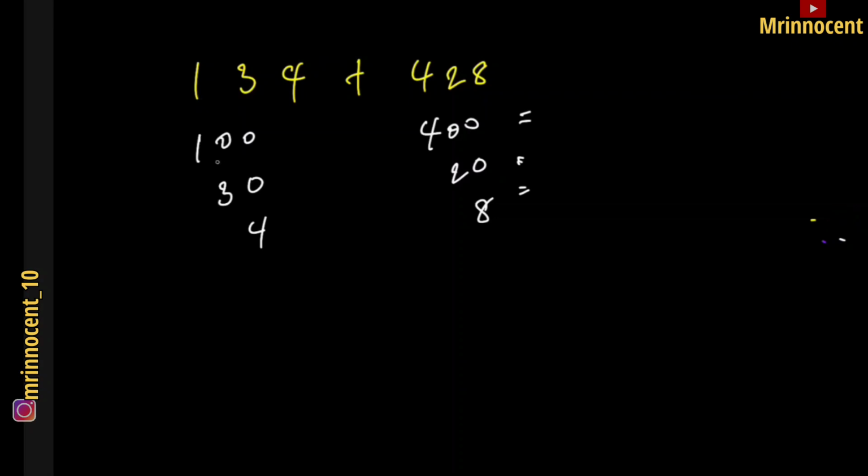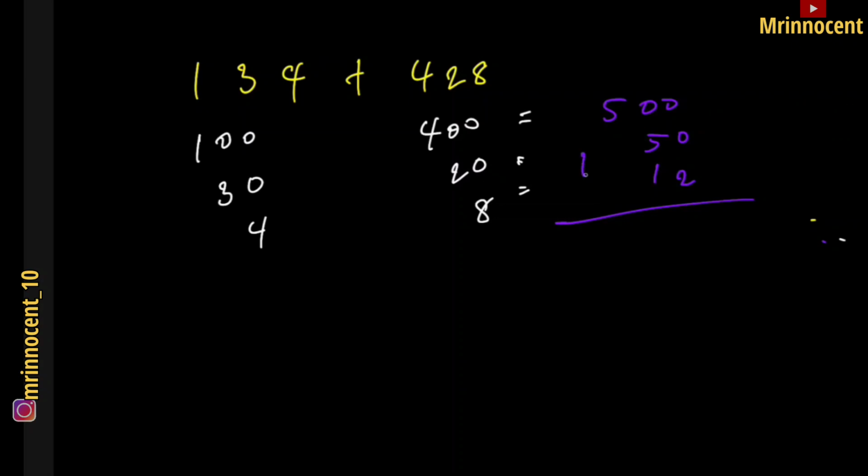So 100 plus 400 is 500. 30 plus 20 is 50. 4 plus 8 is 12.